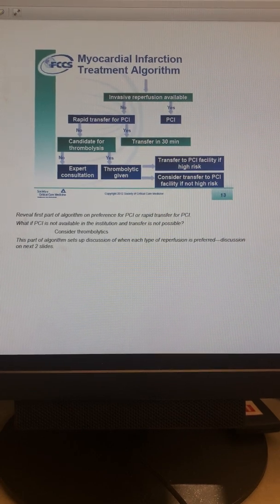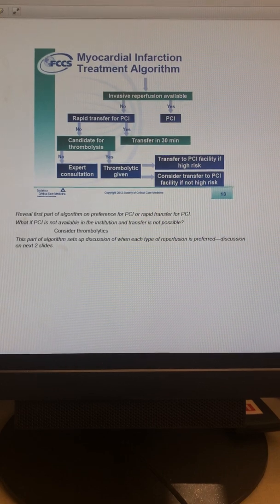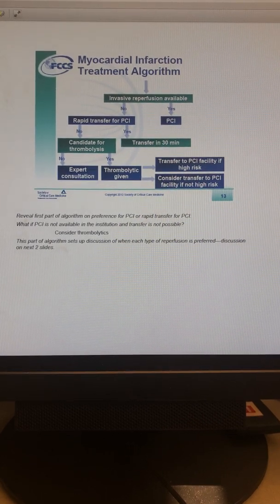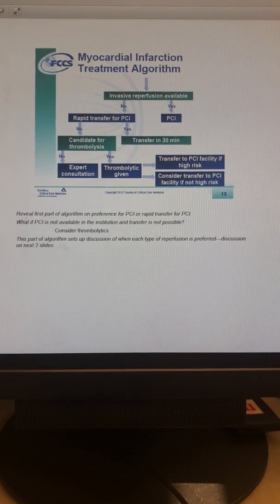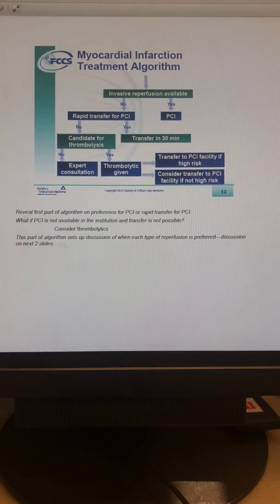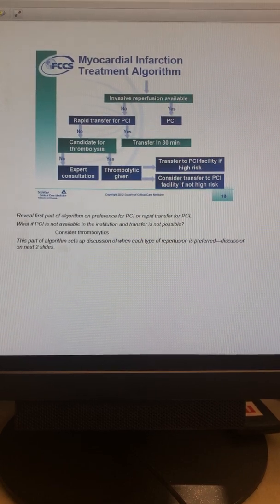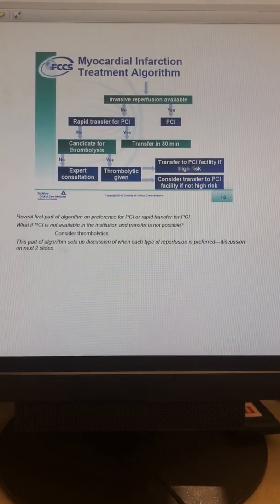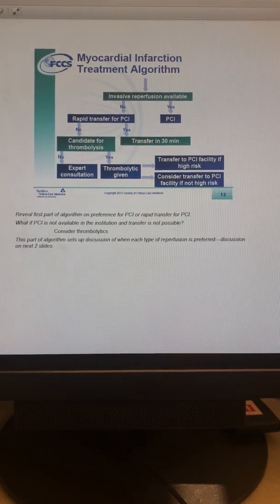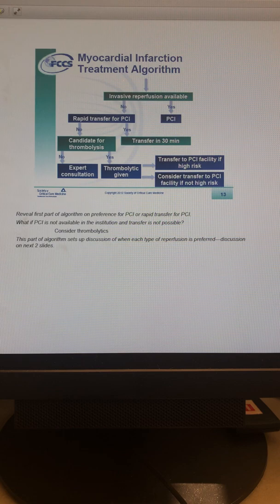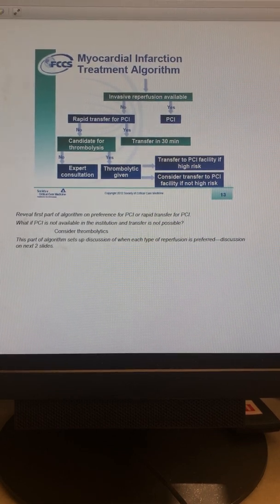But if the answer is no, like you're in a hospital that doesn't have that capability, then the next question would be, can I transfer him to a hospital that has that capability within a short amount of time, like within 30 minutes? If the answer is yes, you send him to that hospital and do nothing else. If you can't, and you don't have a hospital that has the capability of doing a heart cath and ballooning and stenting, then you think about giving them the thrombolytics.